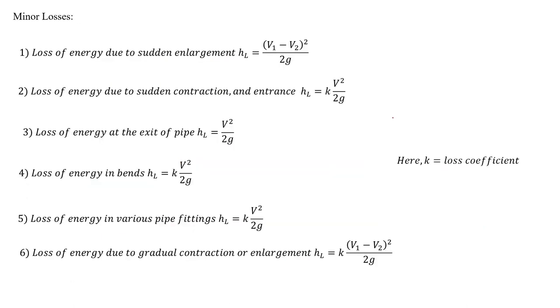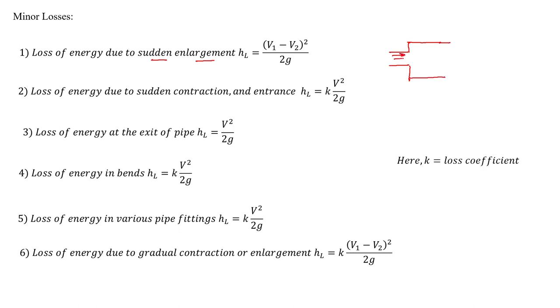Let's move to the minor losses. As I've shown you earlier, there are multiple losses. First, there's a loss of energy due to sudden enlargement. So how does it look? Let's say this is a smaller diameter pipe. Suddenly, we put a bigger diameter pipe.